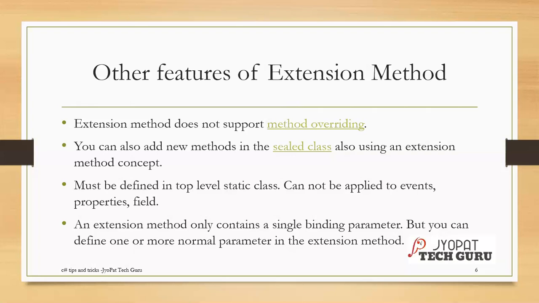An extension method only contains a single binding parameter, but you can define one or more normal parameters in the extension method. It is not necessary that you should define only the extension method parameter or the binding parameter. If you want any normal parameters also, you can define them.